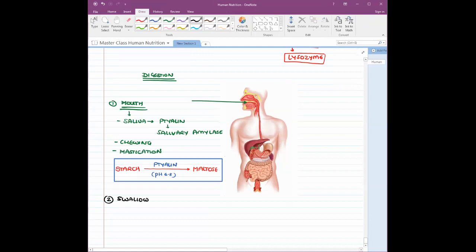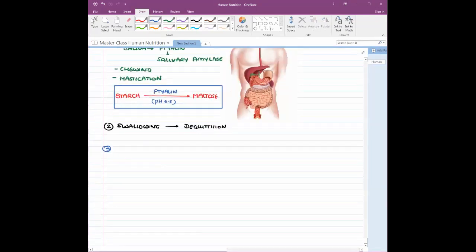This swallowing process is also called deglutition, where you put the food into your esophagus. Now let's see, in your esophagus, are you going to see any reaction? No, guys, remember, the esophagus does not show any kind of reaction at all.